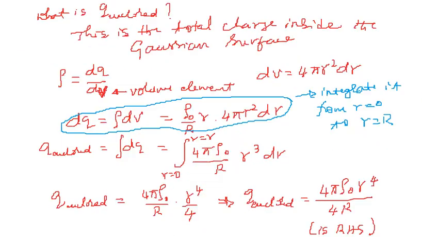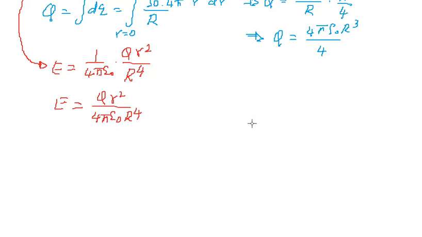Now simply see here what we are having. We are having this thing, and I simply paste it here. So now this is the given equation. What we have is this much, and this is the given thing in the question. So simply compare every term.